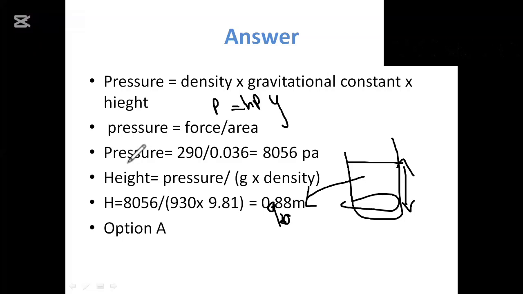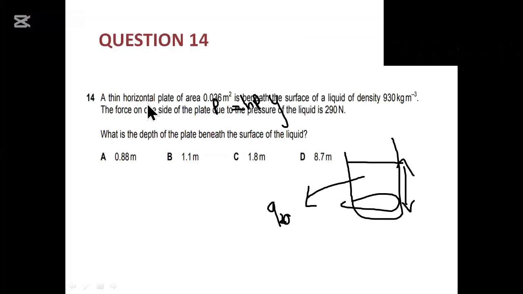Now as you can see in the question, the force exerted is 290 Newton, and the area is 0.036 meters square. I would underline it for you, 0.036 meters square.